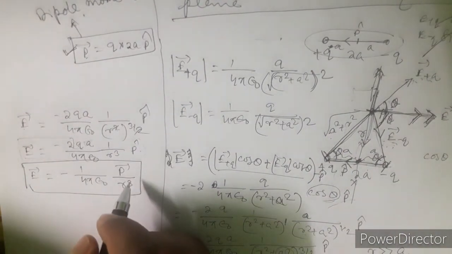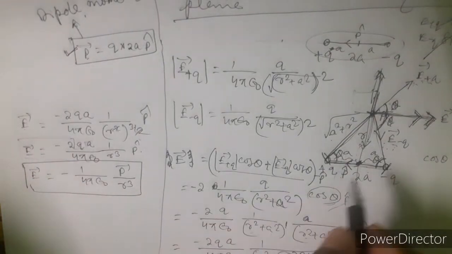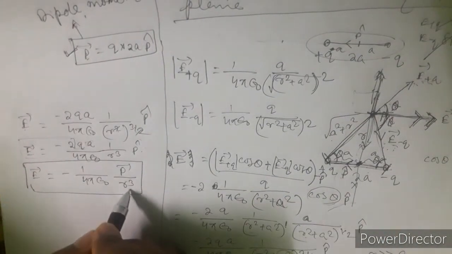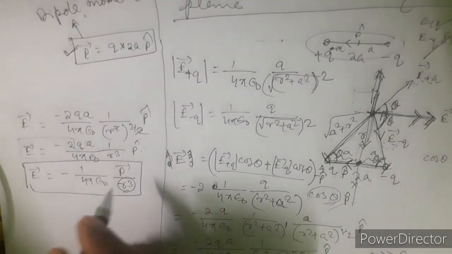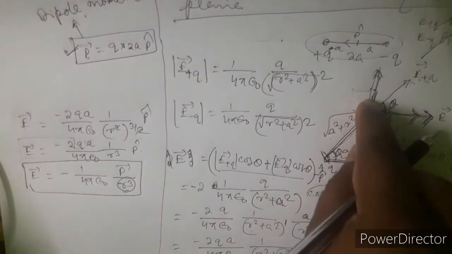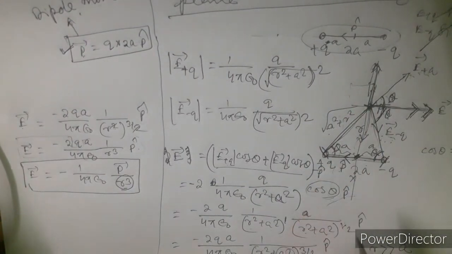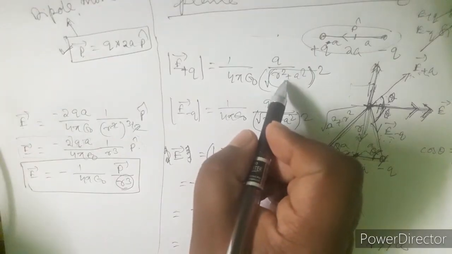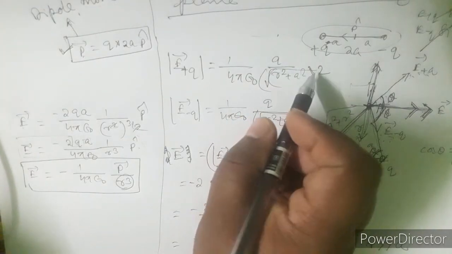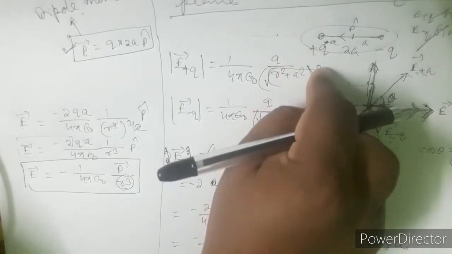You can see that the electric field due to a dipole varies as 1 upon r cube. That means the electric field decreases faster than the electric field due to a single charge, because for a single charge you know the electric field decreases with distance square in the denominator, it varies as 1 upon r square.